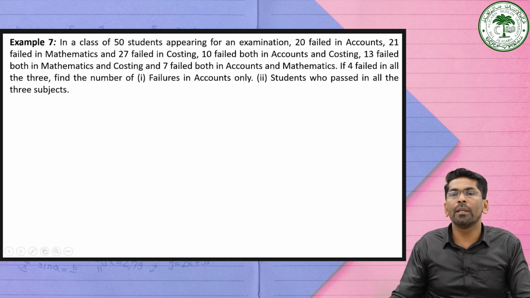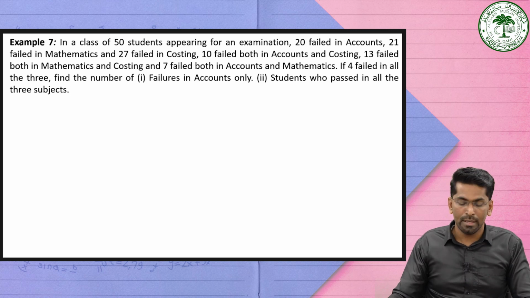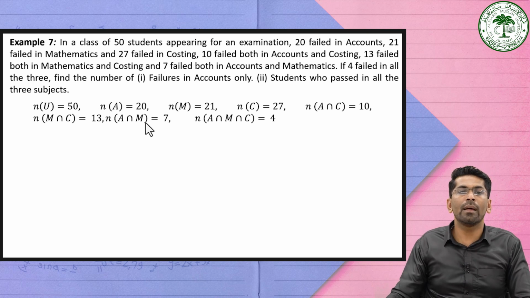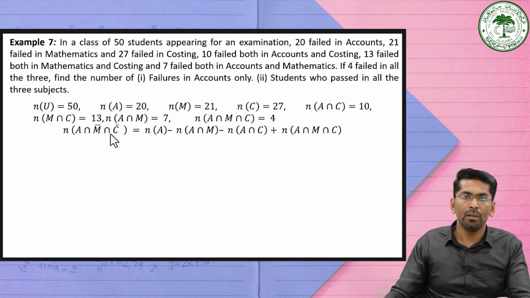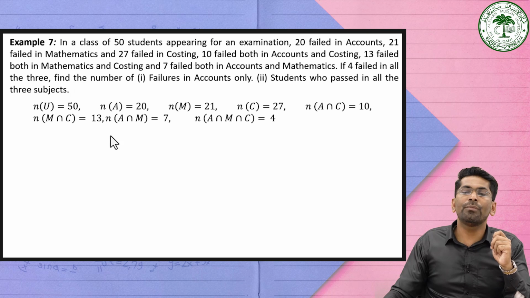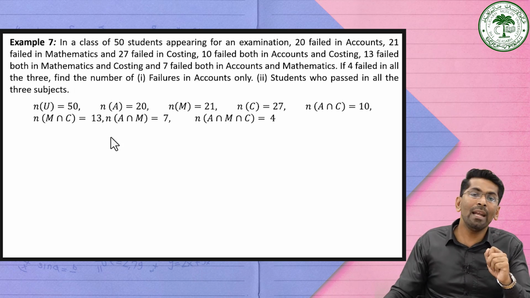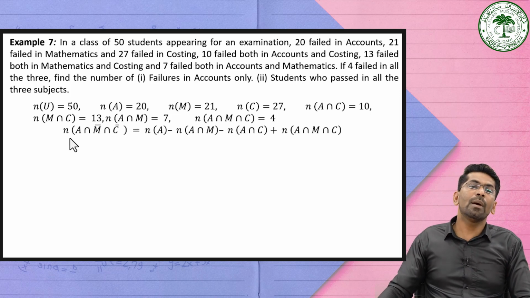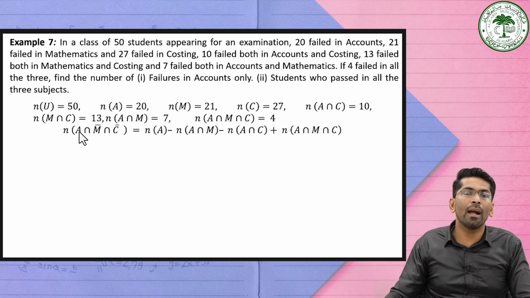So in our question, the number of students who failed in accounts only. Before that, see what information is given in the question, which we have written separately here. Our first question is to find the number of students who failed in accounts only, which we can denote mathematically as the number of students in A intersection M complement intersection C complement.